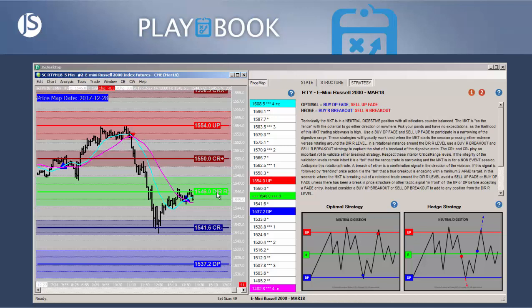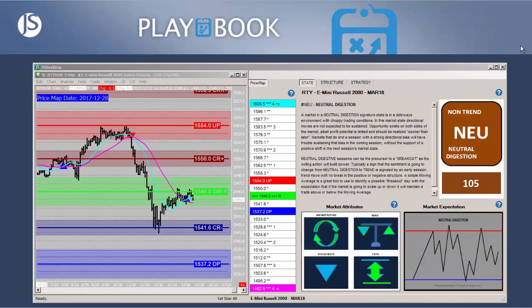So it's telling us it's not that interesting of a buy signal until the market gets back above this boundary area. And what's most likely to occur is that the market's going to have a classic neutral digestion, more sideways momentum, low volatility, range-bound trading day.